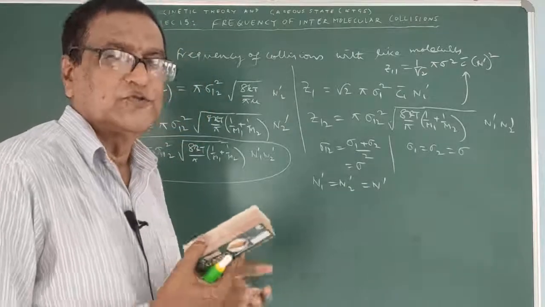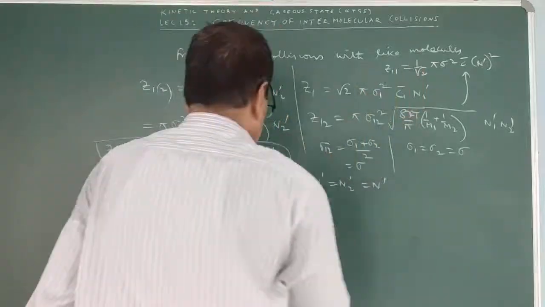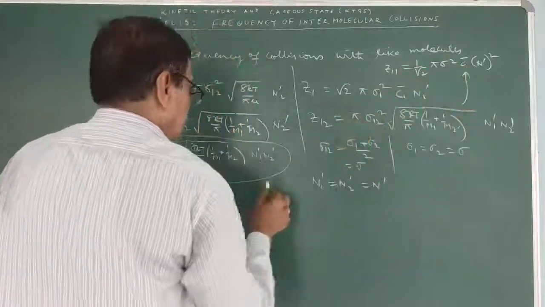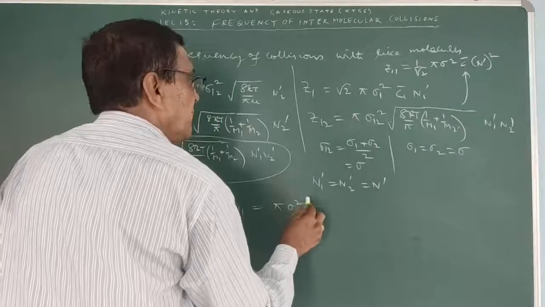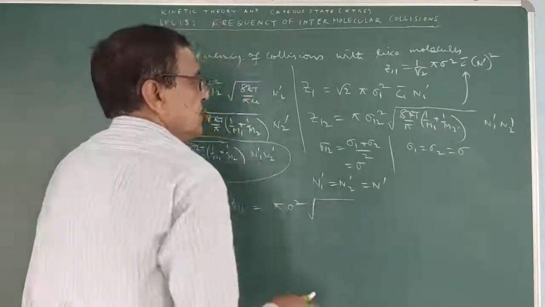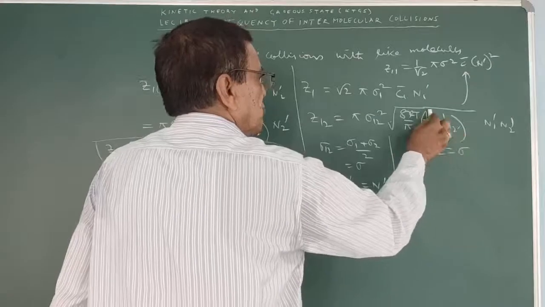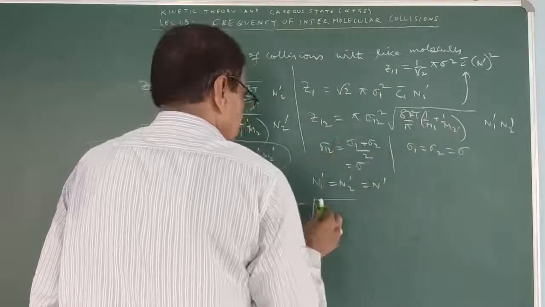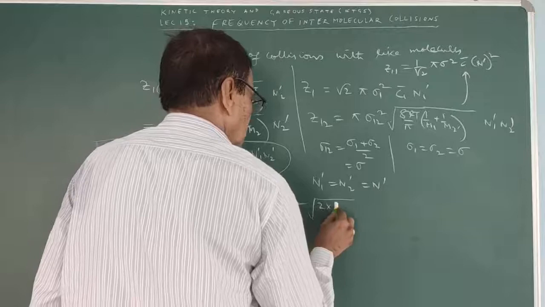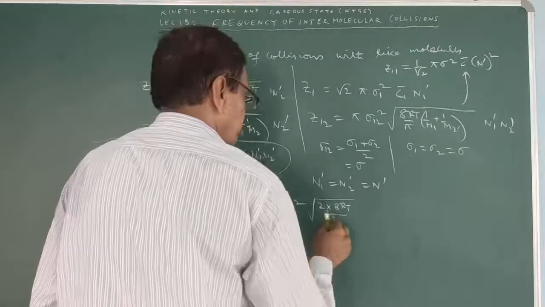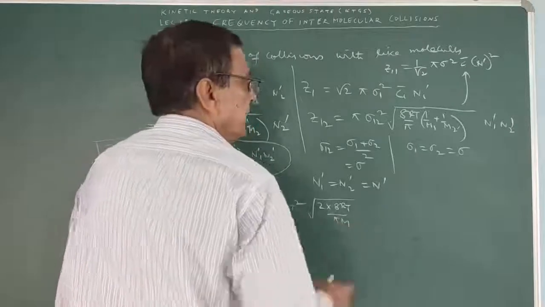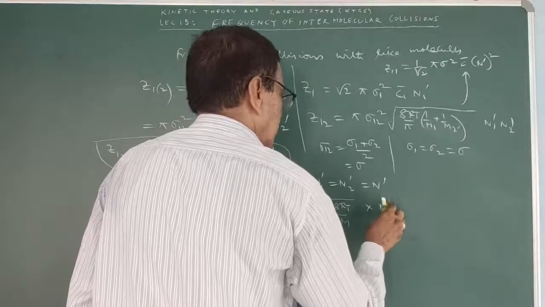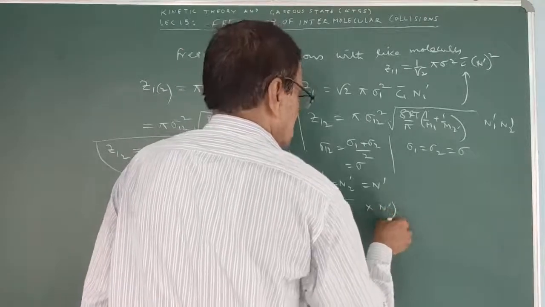Same molecules, like molecules. So in this case, for Z11, going from here to here, we have pi sigma square, and 1 by m plus 1 by m means 2 by m, so 2 into 8RT by pi m, and also n dash square.